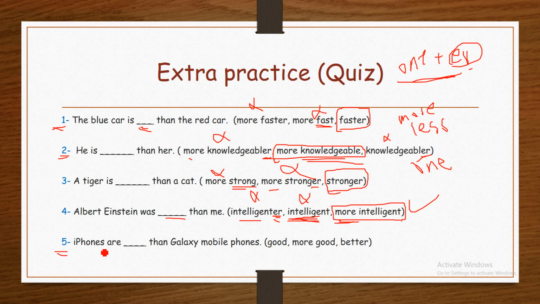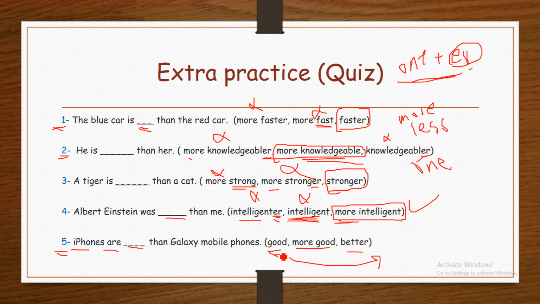Number 5. iPhones is a plural subject, and are is a verb to be used for a plural subject. iPhones are blank than Galaxy mobile phones. We have the adjective good. Good, more good, better? We said good is an irregular comparative.